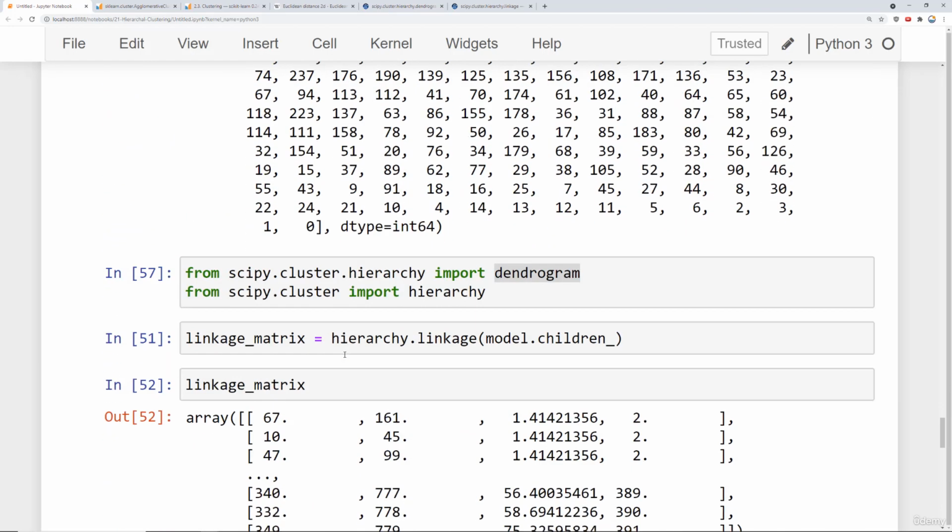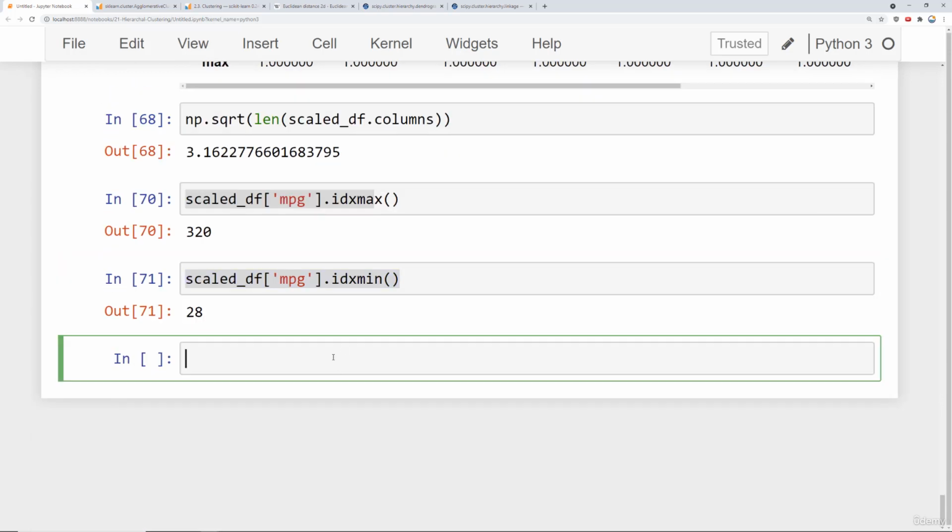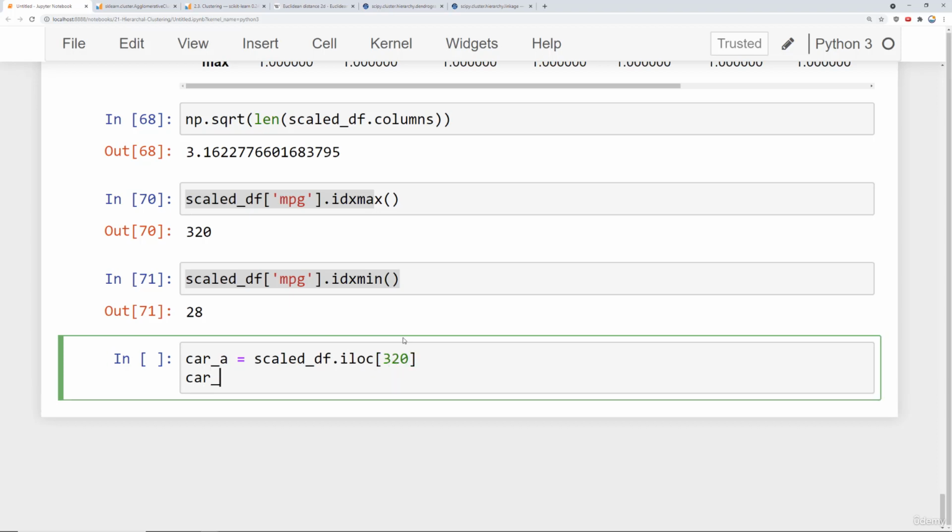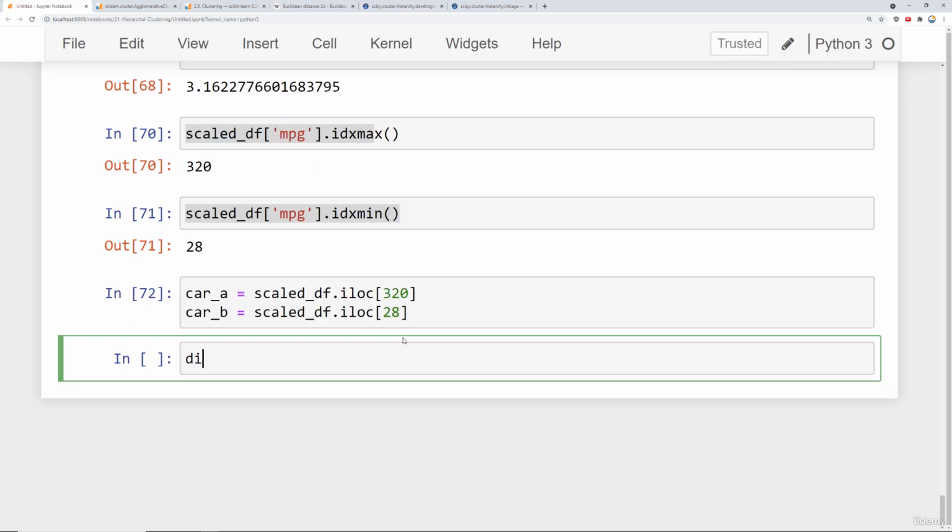To do that, we can use the linear algebra with scikit-learn, which is going to automatically calculate that Euclidean distance for us. So we can say car A is equal to scaled df ILOC 320, and then car B is equal to scaled df ILOC 28. And what's the distance between them?